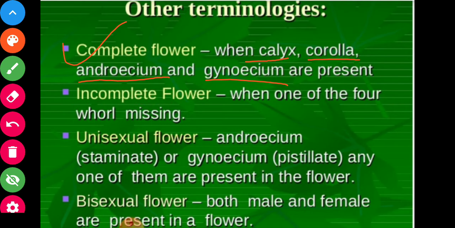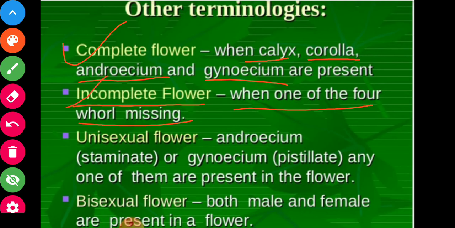If any member is absent or missing, that is called incomplete flower. When any one of the four whorl members is absent or missing, the flower is called incomplete.